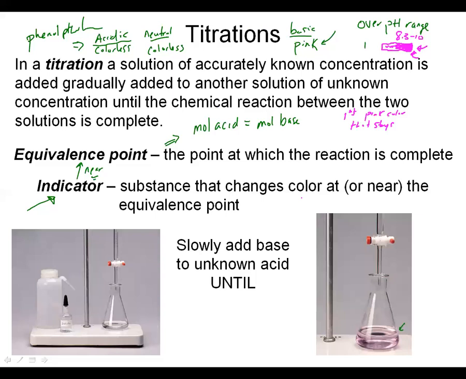And that's why they yell at you, hey, you should have like the barely color of pink, because that will put you more at the 8.3-ish range and closer to your equivalence point. Then once you shoot to that really dark pink color, you're at least heading towards that 10-ish pH, which means you potentially could have gone way past the equivalence point. So that's usually why they yell at you, light, super light. You can barely see the pink color.